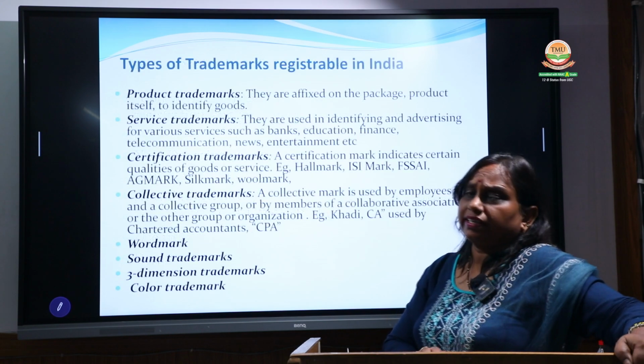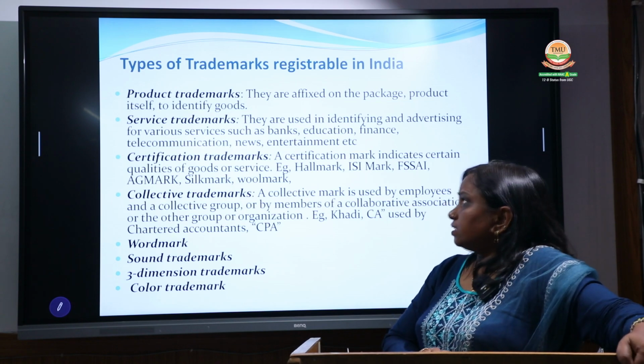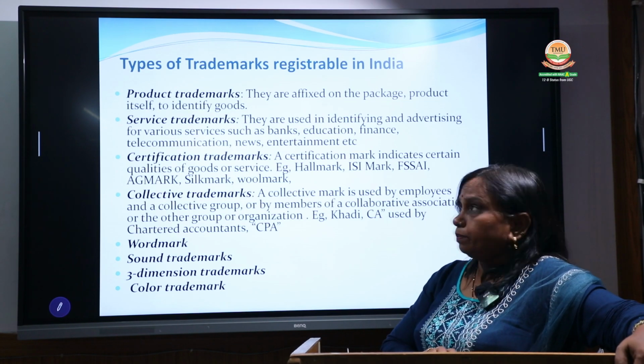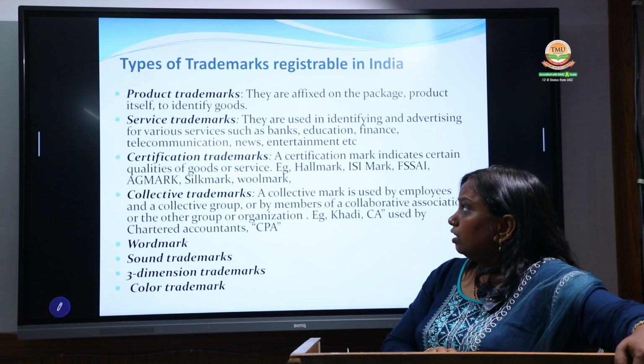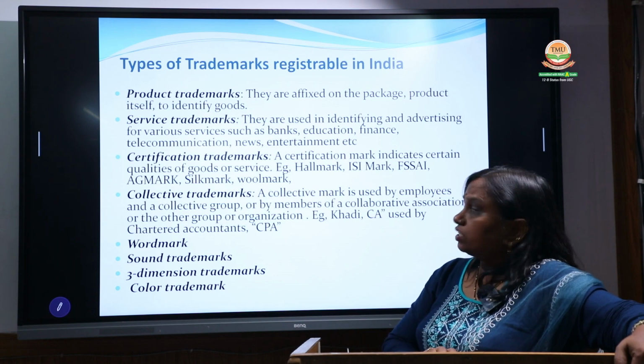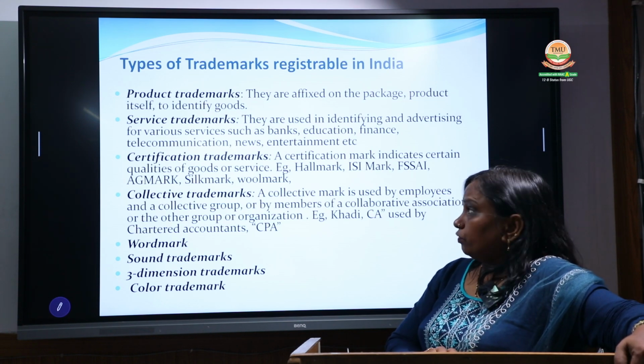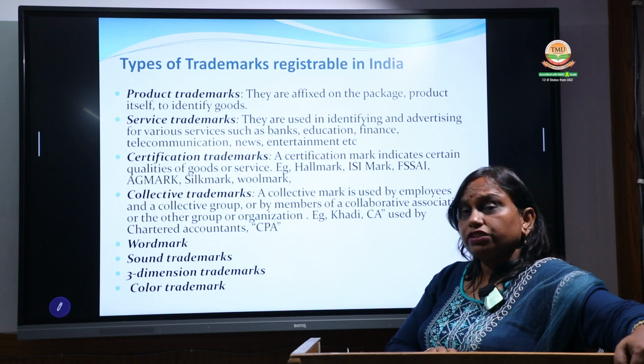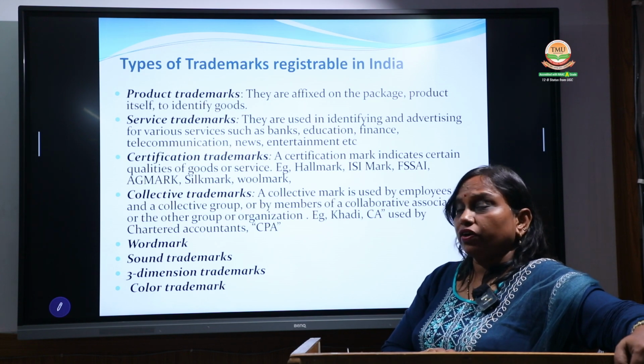As per the Trademark Act, there are certain marks which are capable of being registered in India. So it includes the product mark. What is a product mark? The mark which is used on the particular product.